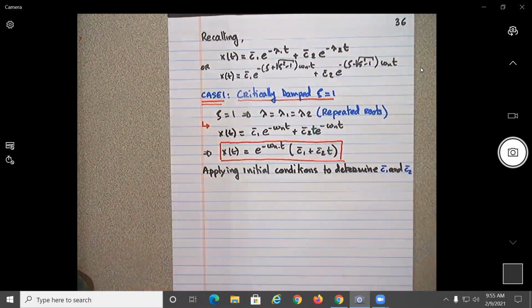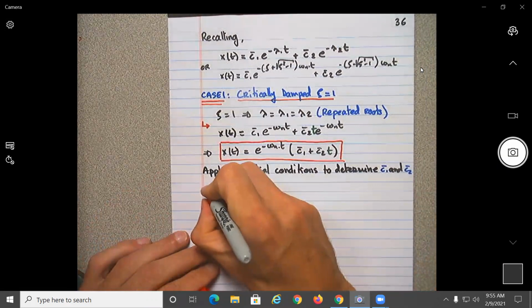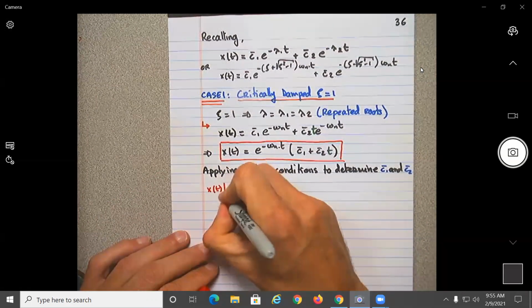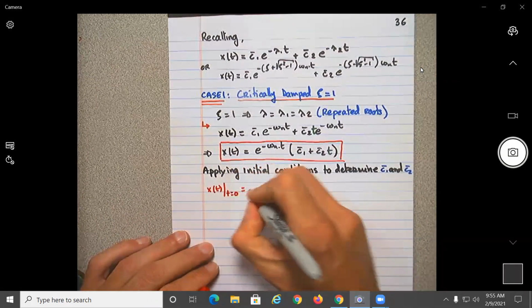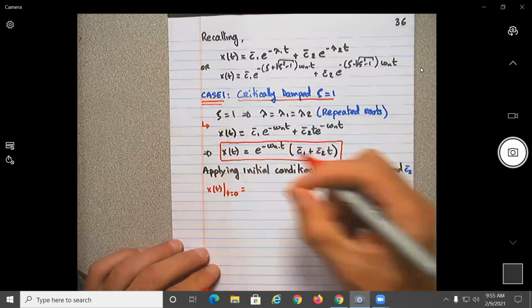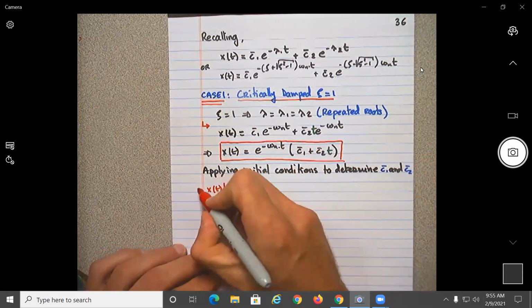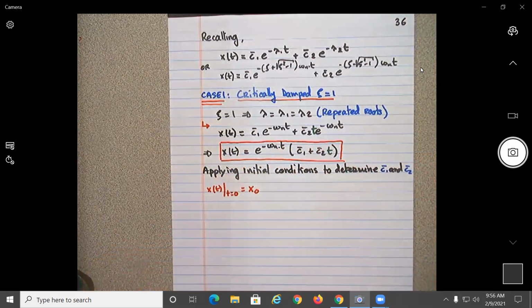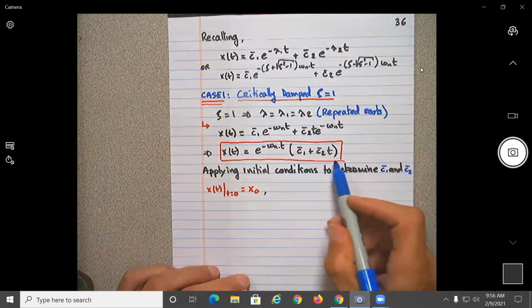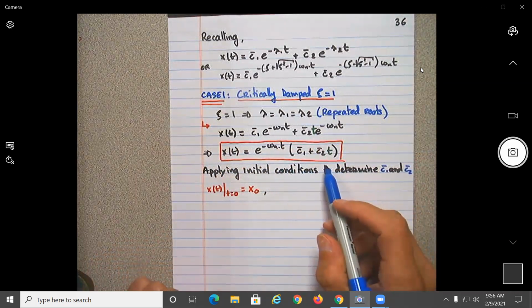Okay, so the first boundary condition we had is x at t equals 0. Let's say you displace the whole system a certain distance, x sub naught. So in that case, if we substitute into this equation, what are we going to have?